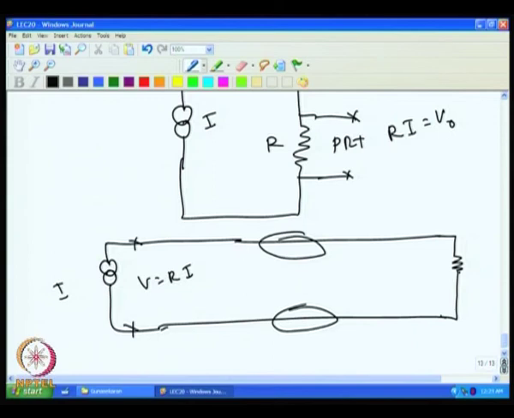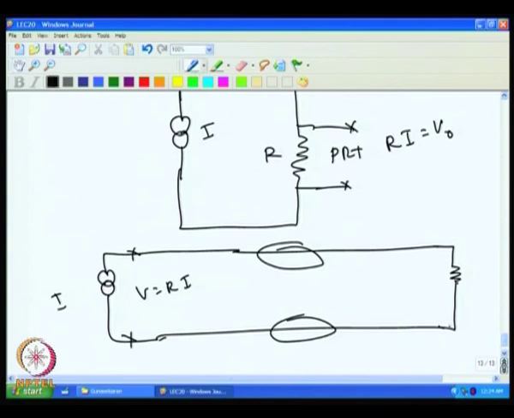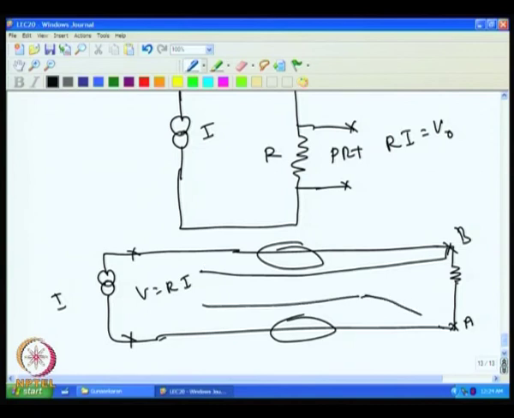So, the true reading is at these 2 points A and B. That means if I want to measure, I should take these 2 wires and then put a measuring circuit here. This measuring unit should have high impedance, like a voltmeter.